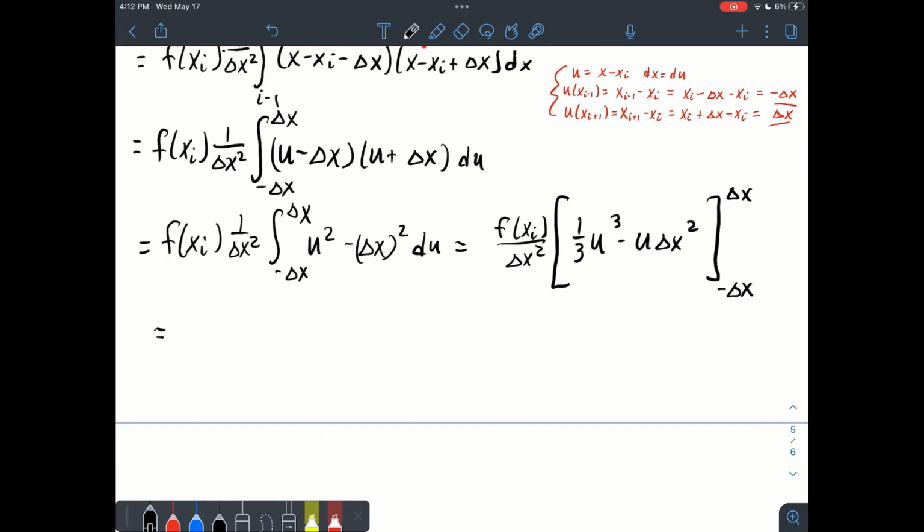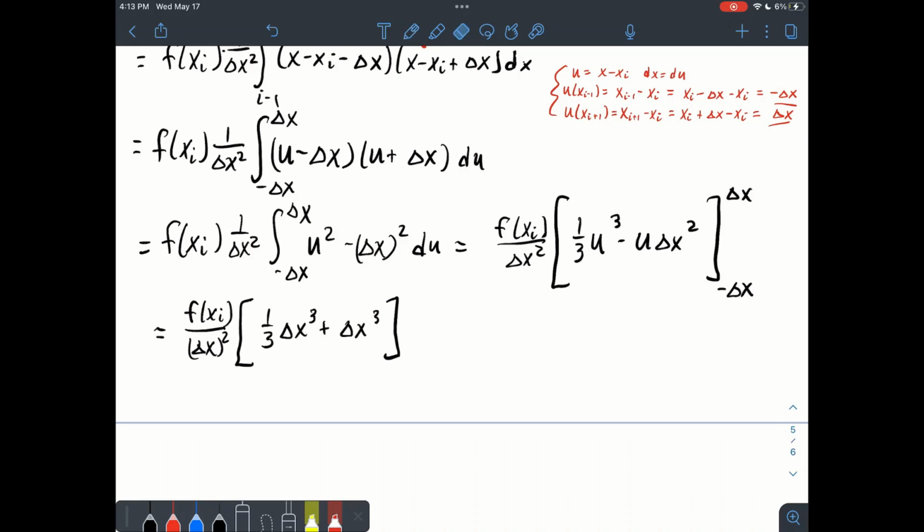And this is the part where I get nervous, because if I screw this up, then I gotta go all the way back and start the video over. Okay, so we have xi over delta x squared times 1/3 delta x cubed minus plus delta x cubed. And is that correct? Let's think about it for a second. Oh, nope, I did that wrong.